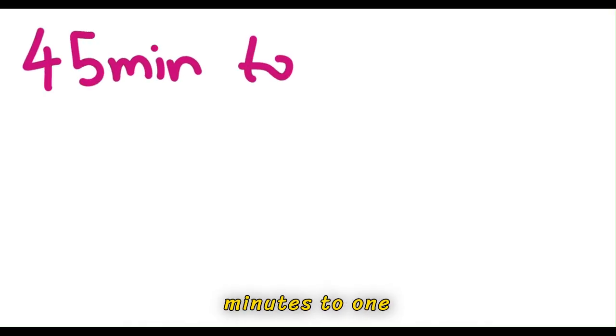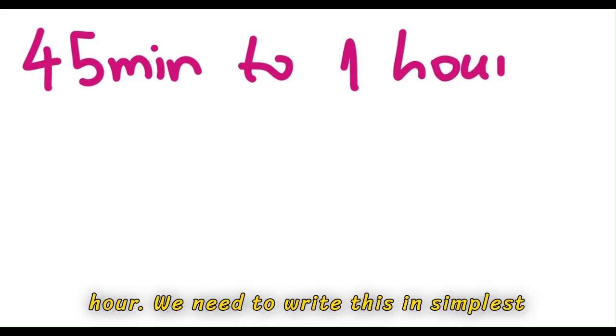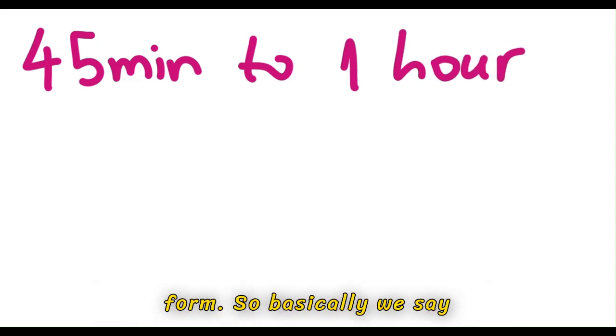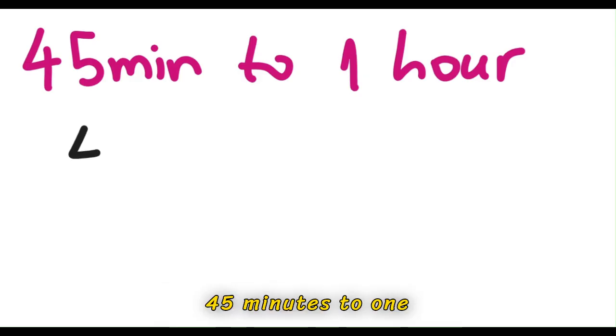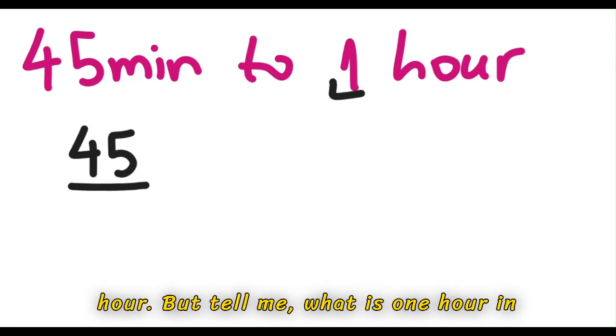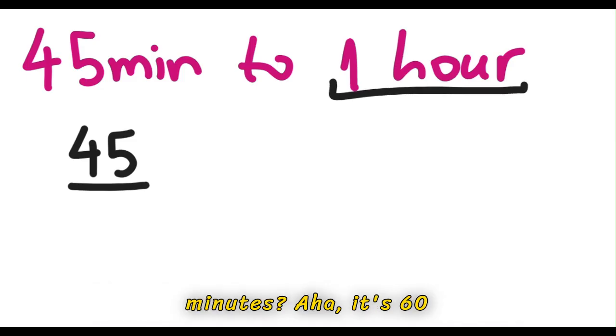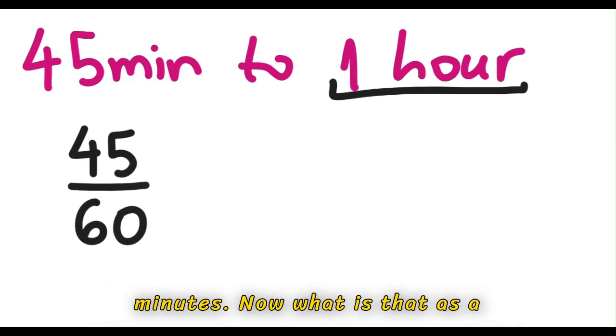What if we have to write, for example, this ratio in simplest form? 45 minutes to 1 hour. We need to write this in simplest form. So basically we say 45 minutes to 1 hour. But tell me, what is 1 hour in minutes? It's 60 minutes. Now what is that as a ratio?